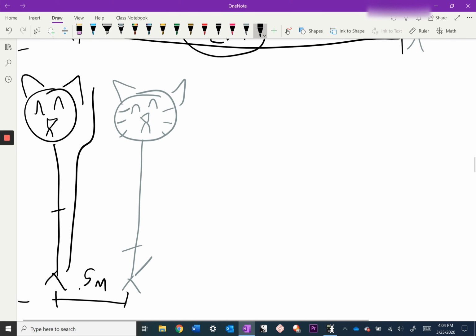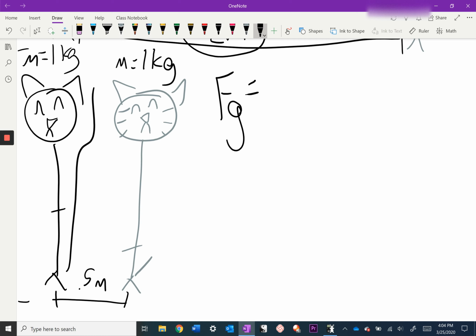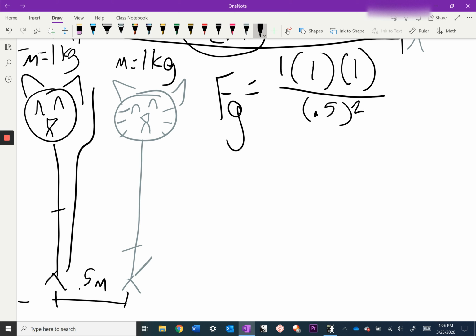Let's see what happens if we move the two right next to each other. This time, their masses are still 1 kilogram, but our distance is half of a meter. So our force of gravity is equal to 1 times 1 times 1 divided by 0.5 squared, which equals 4 kerfluffles.